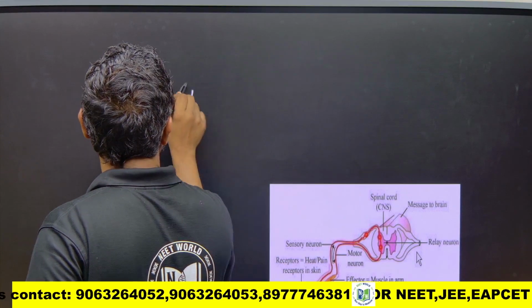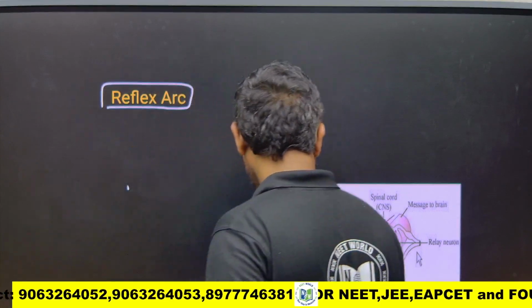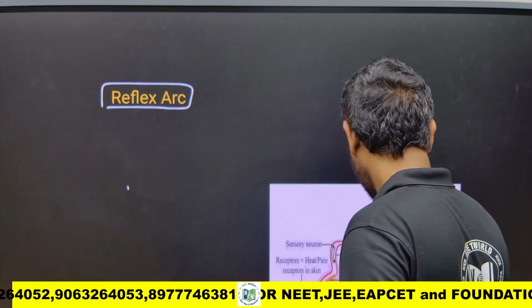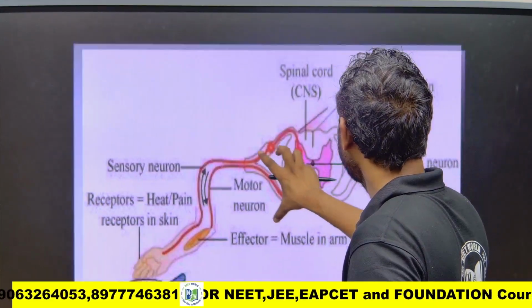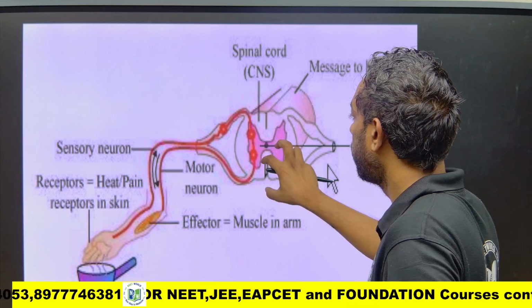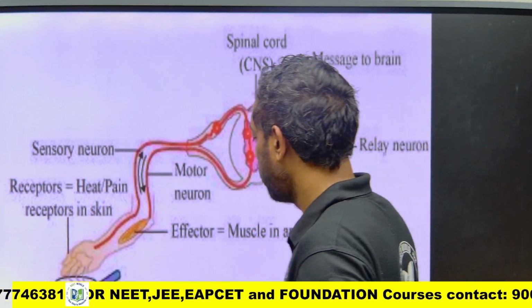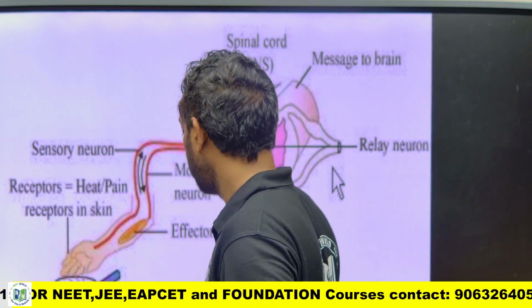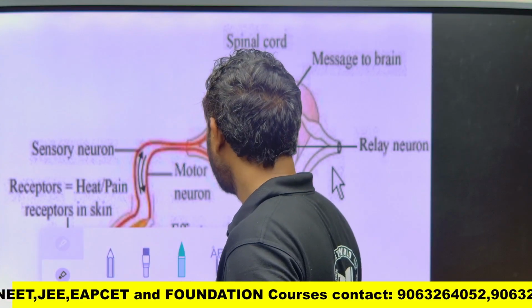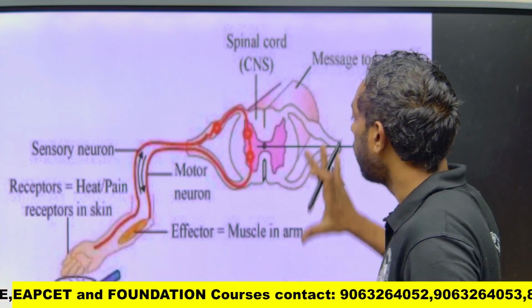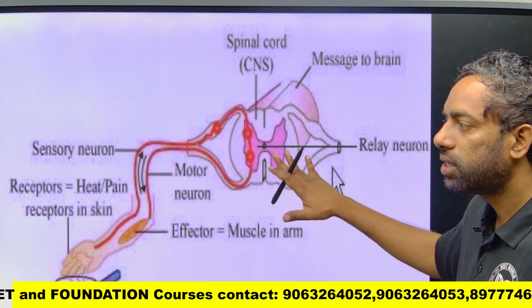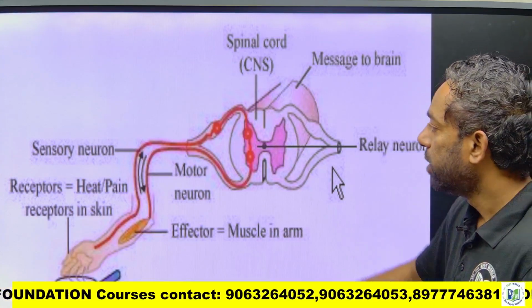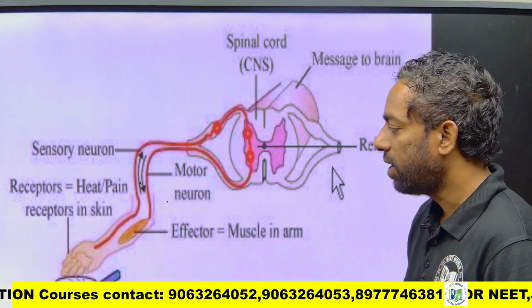Reflex arc. Just look at this diagram. This is the spinal cord. This is the peripheral nervous system, the hand.